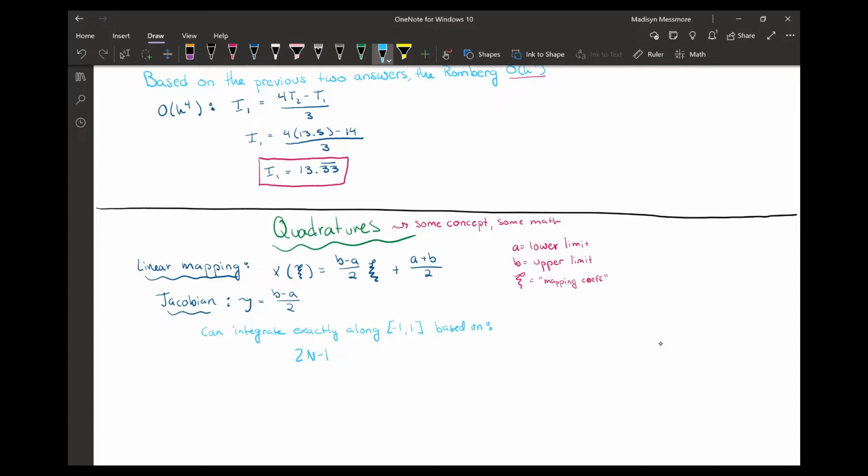So if you're doing, say, n equals 2, you can integrate exactly up to... actually, what's a better way to say that? I didn't word that very well.